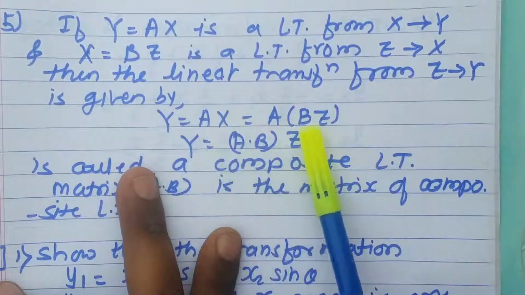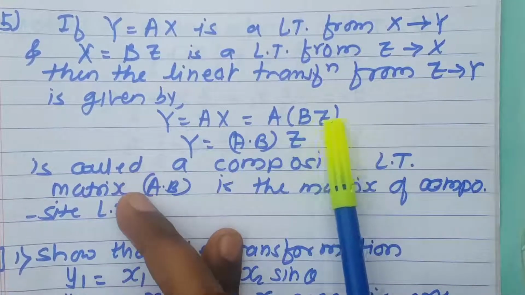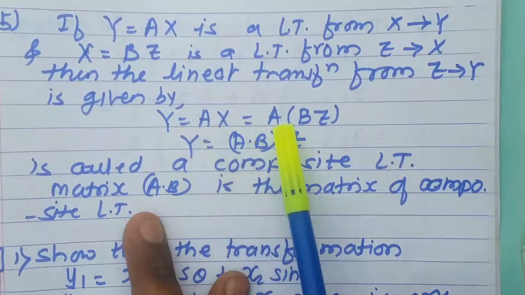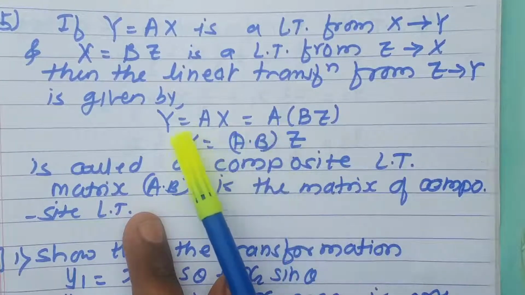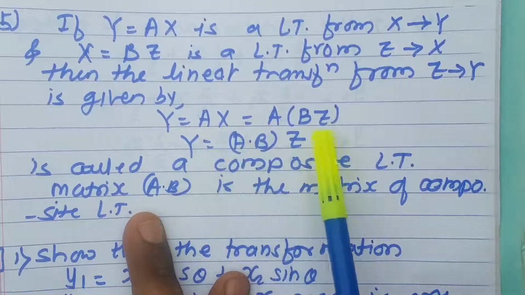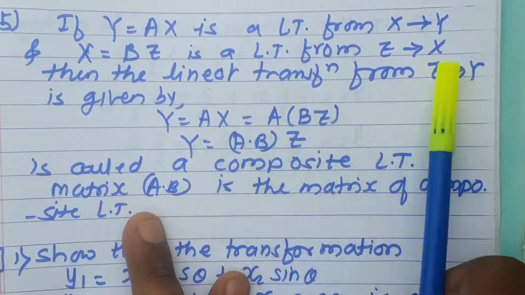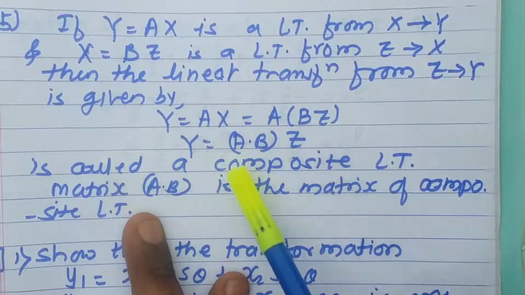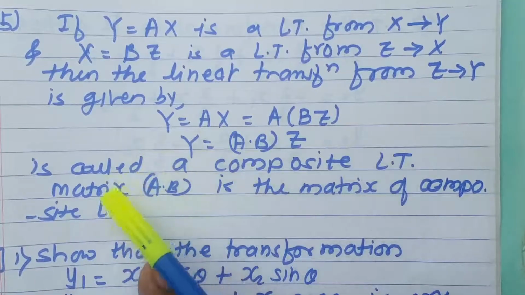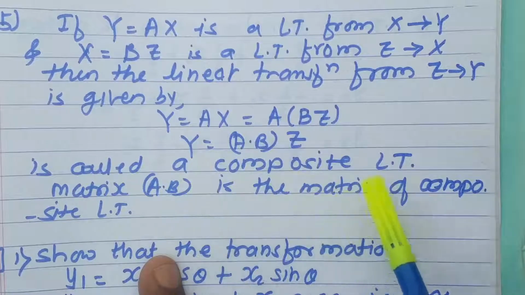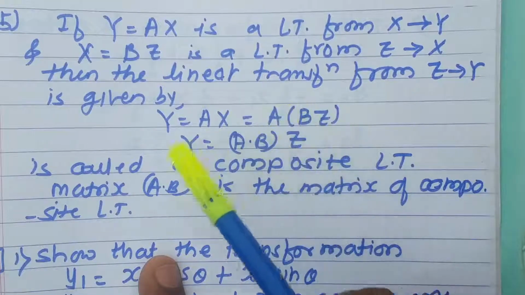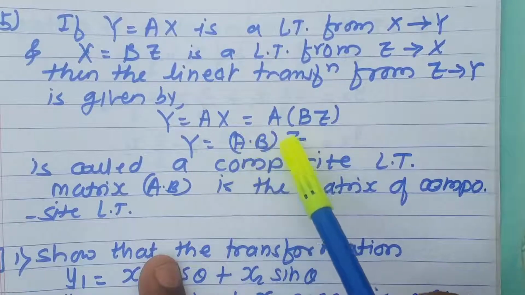After replacing, we have the product of two matrices A with B. So this will be a new matrix, right? So we have one linear transformation that maps z to y, y equal to AB z, which is called a composite linear transformation, and the matrix AB is the matrix of the composite linear transformation.